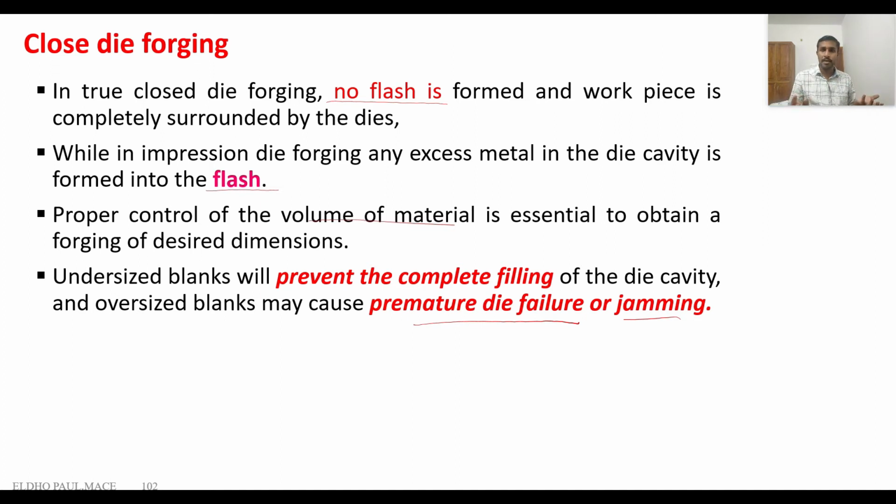There is no flash area, so the extra material has no space to occupy inside the cavity. So this extra material may cause failure of the die or jamming of the forging operation. So this is called closed die forging. We studied impression die forging, closed die forging, and initially we studied open die forging.